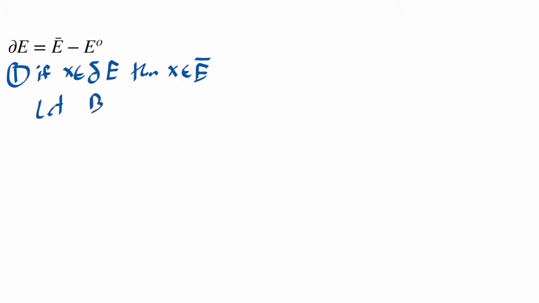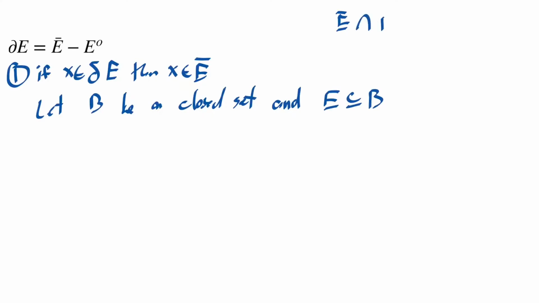So I'm going to let B be a closed set, and E be a subset of B. So in other words, B is one of those sets that was in the intersection of the closure, right? Because E closure is the intersection of all of those B's.